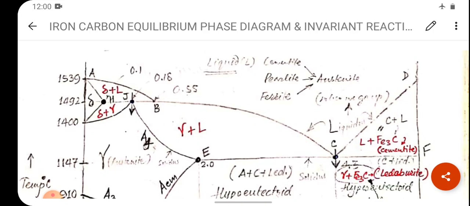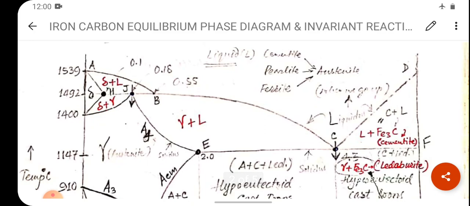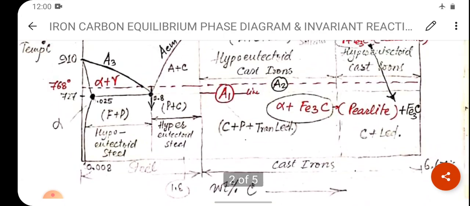So see this diagram. This is the iron carbon equilibrium phase diagram. So I'll start this diagram from top. I am considering the iron and carbon percentage in this diagram. I'll cover. So on the y-axis there is a temperature, and on the x-axis, see this, there is a weight percent of carbon, weight percentage of carbon.